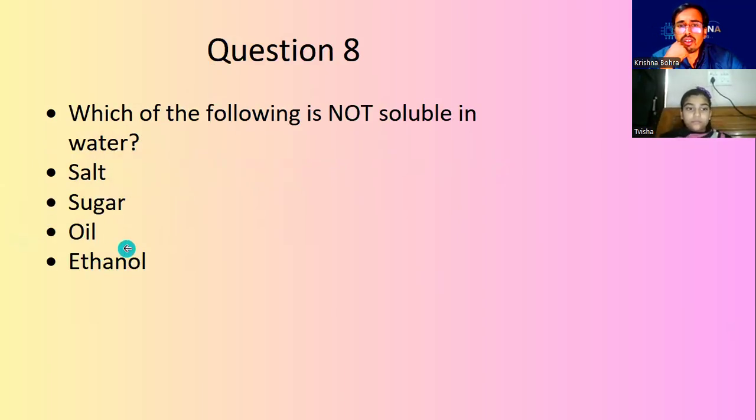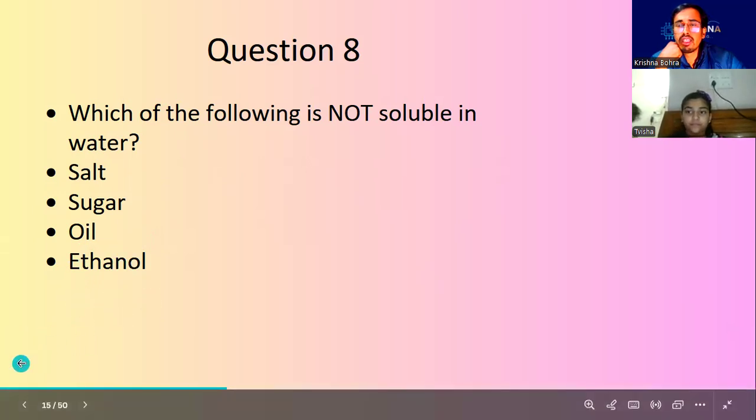Now the ethanol. Ethanol is a part of the group of alcohols, the homologous series of alcohols. There are other compounds: methanol, ethanol, propanol, butanol, pentanol, hexanol, octanol.